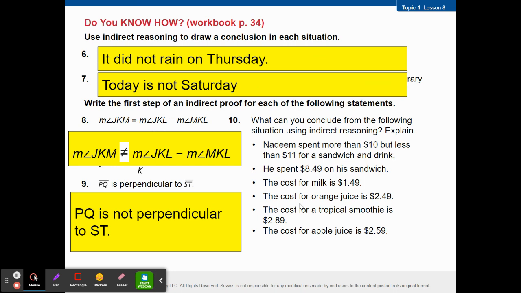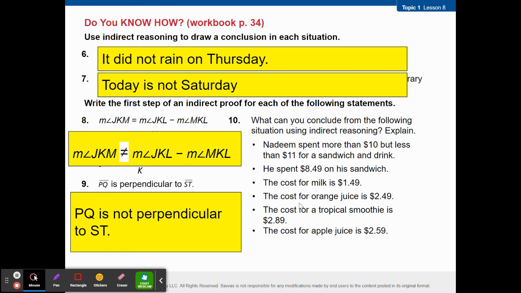Number 10 looks a lot like the warm-up, but it says, what can you conclude from the following situation using indirect reasoning? And explain. Nadim spent more than $10 but less than $11 for a sandwich and a drink. He spent $8.49 on his sandwich. The cost for milk was $1.49, orange juice was $2.49, a tropical smoothie was $2.89, and apple juice was $2.59.